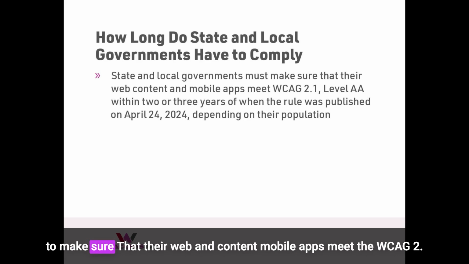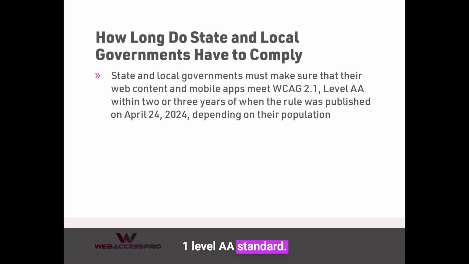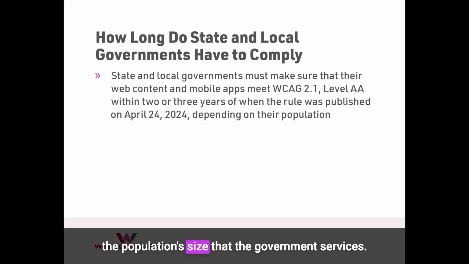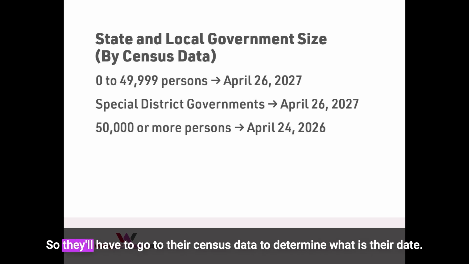To make sure that their web content and mobile apps meet the WCAG 2.1 Level AA standard, they are given 2 to 3 years from when the rule was published, which was April 24, 2024, depending on the population size that the government serves. So they'll have to go to their census data to determine their date.